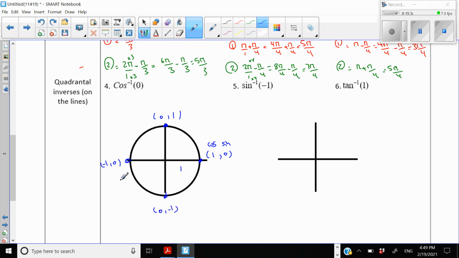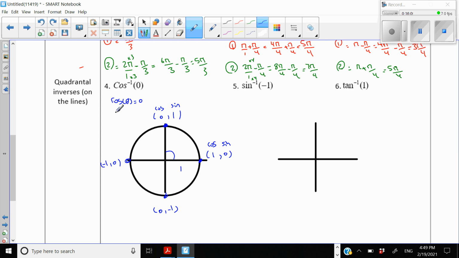So on all these points, the x values are cosine and y values are sine. For example, the angle that is made here is 90 degrees. So cosine of 90 degrees is 0, sine of 90 degrees is 1, and so on for the others. So when I have cosine inverse of 0, that means there is an angle whose cosine is equal to 0.